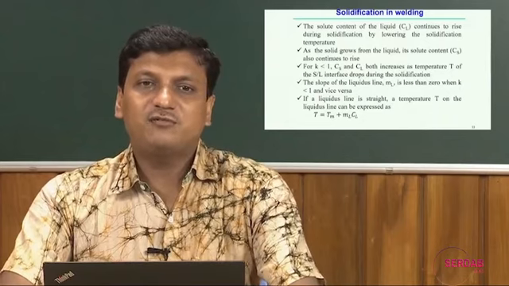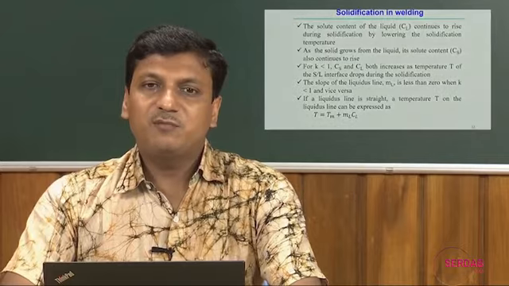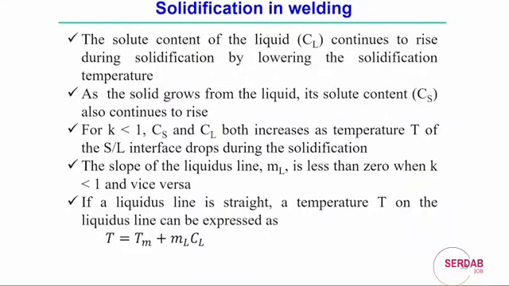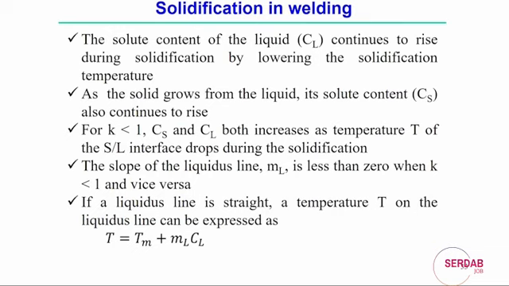If k is less than 1, then Cs and Cl both increase as the temperature T of the solid-liquid interface drops during solidification. So when the temperature drops, both the solid content Cs and the liquid content Cl increase.